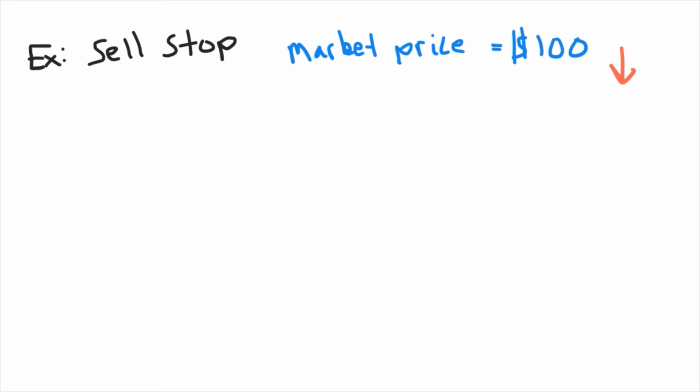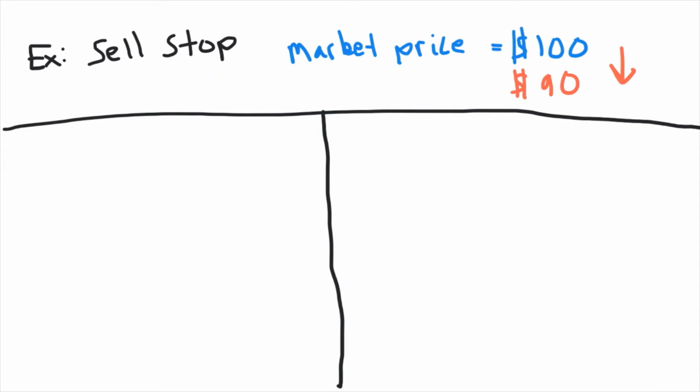And it's pretty simple when you think about it that way. Now, if we do an example, such as a sell stop again, and again when the market price is $100 and we want to sell when it drops to 90, I will show you what that looks like for both stop and stop limit.